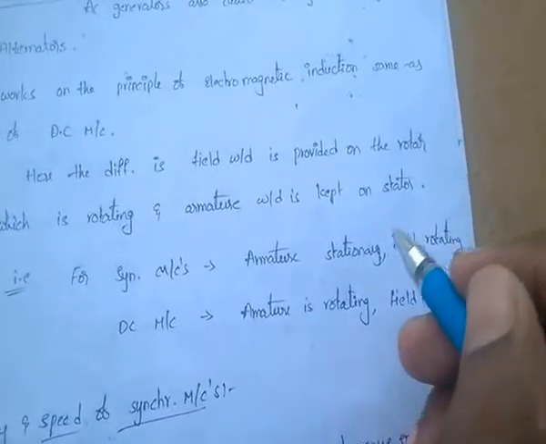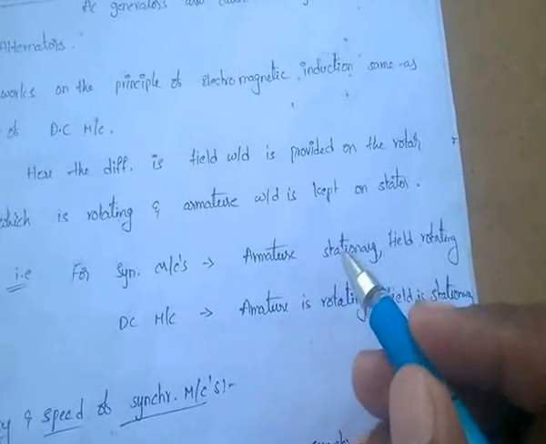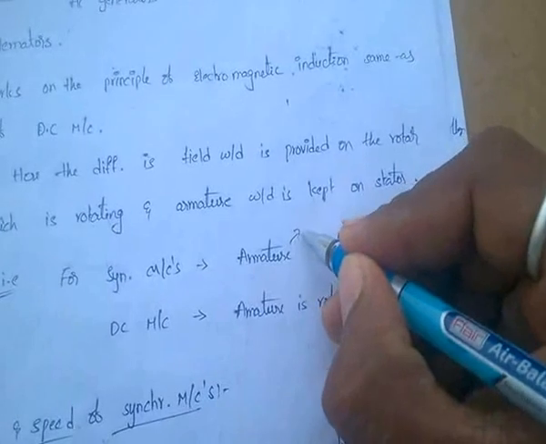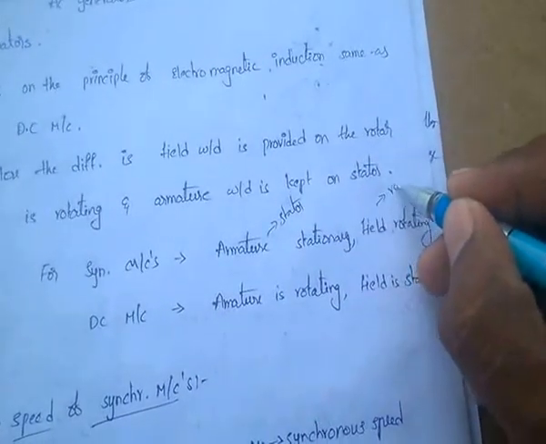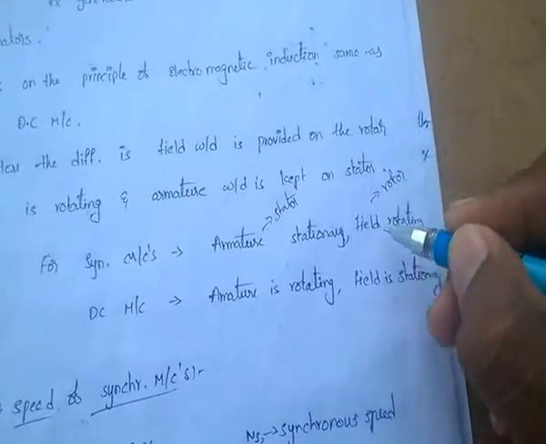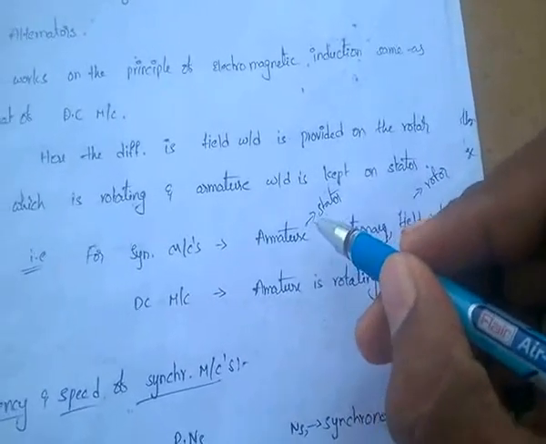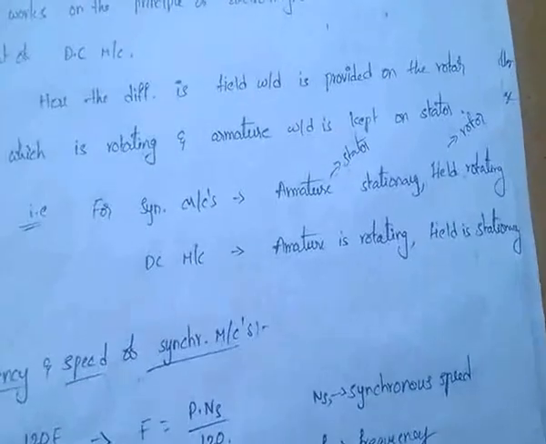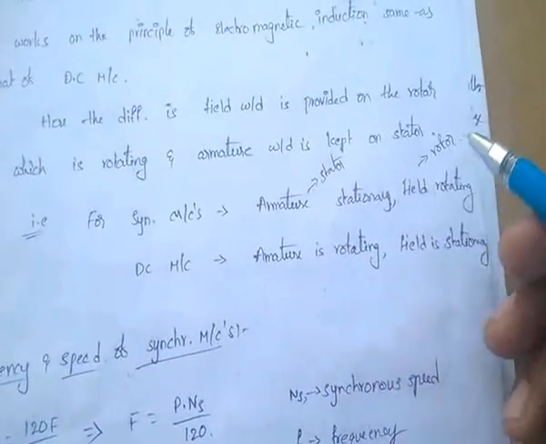Field means field poles are rotating, armature is stationary. That means the armature is a stator, the field is a rotor. Rotor means which rotates. That is the difference.